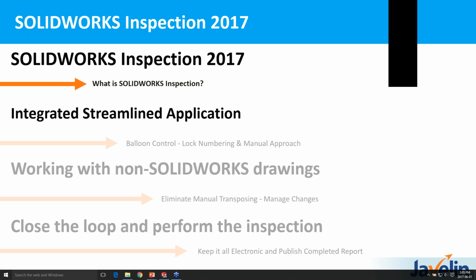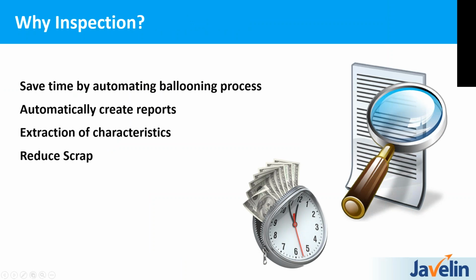So now, why would we use inspection? We can save time by automatically ballooning these drawings. In previous methods, maybe you are manually ballooning your drawings right now. Maybe you have some sort of process, but it's still taking a lot of time to manually balloon those drawings. Maybe you are creating inspection reports by hand, or manually inserting that each time.